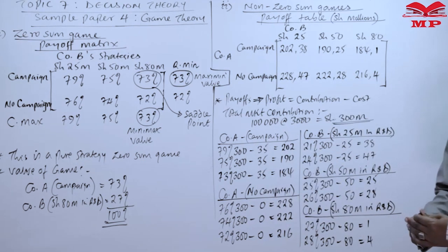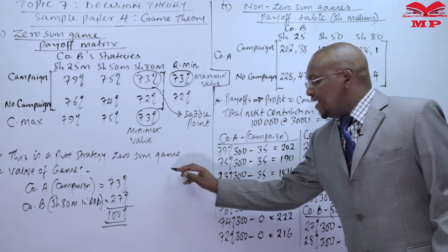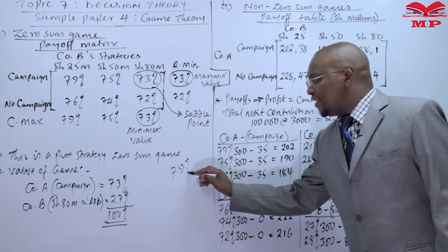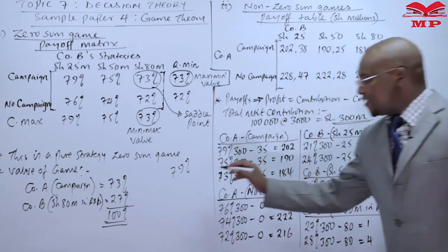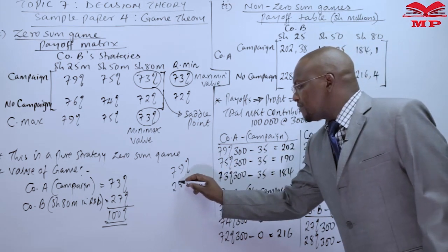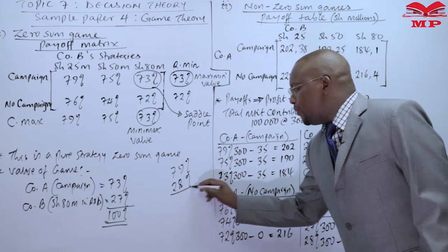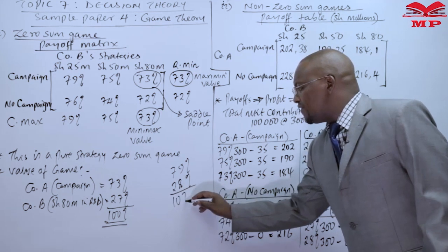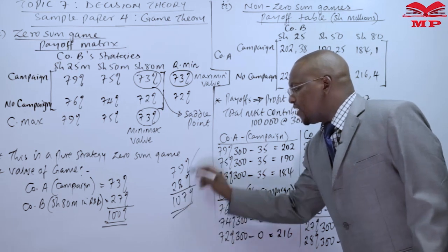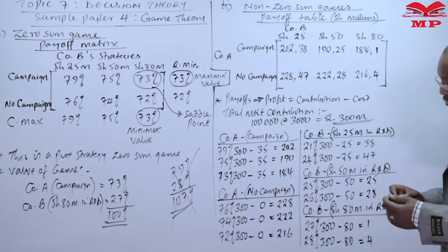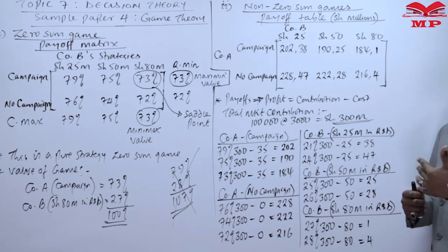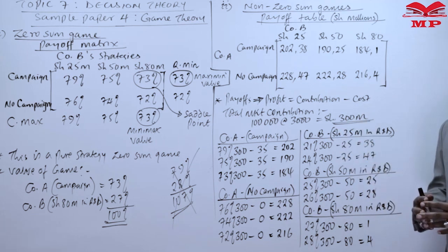There is no way you can choose company A controlling 79% while company B is controlling, say, 28%. Because if you do that, the percentage in total will give us 107%, which is more than 100%. It's not possible to have a total sale of 107%, which is exceeding the market.